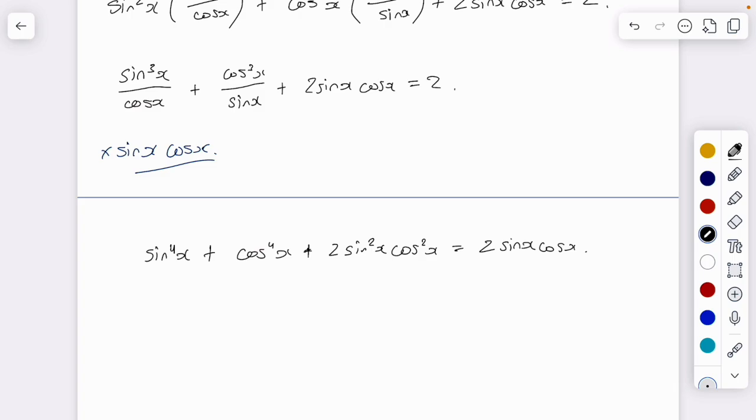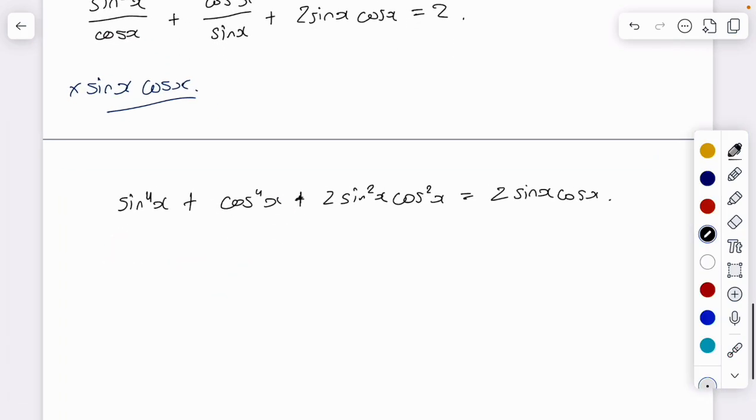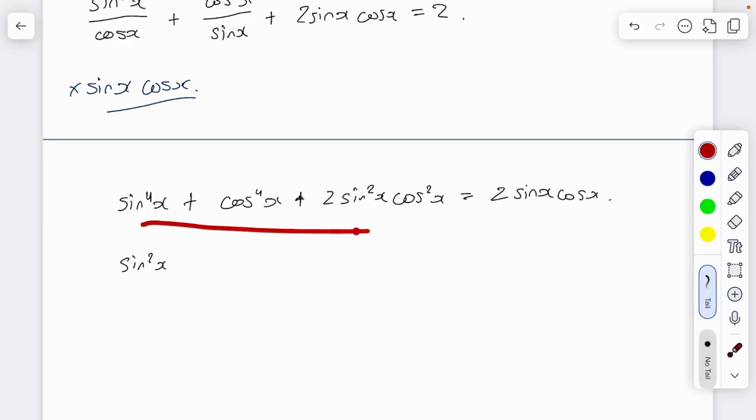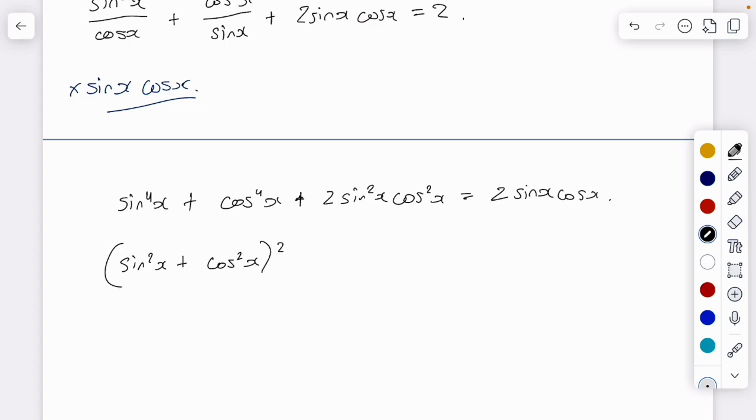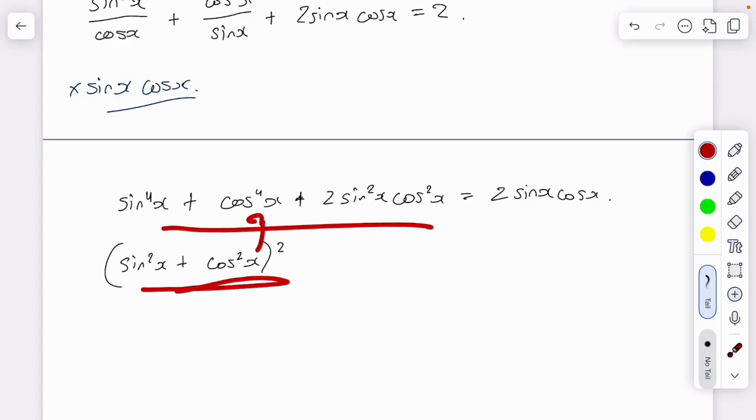Now, we can break this down further. The entire thing can be made into sine squared x plus cos squared x, all squared, because if you expand this out, this is what you get.